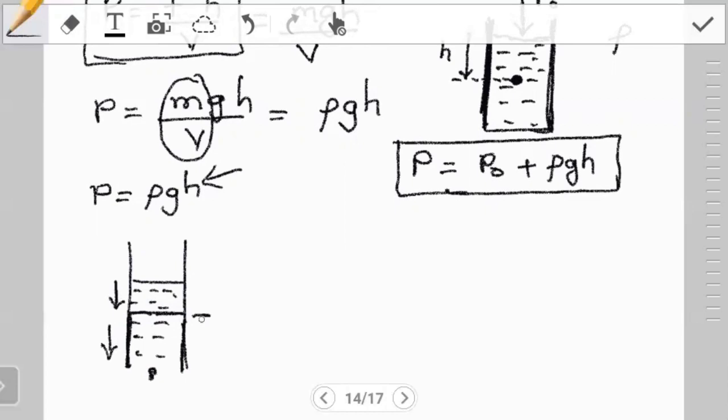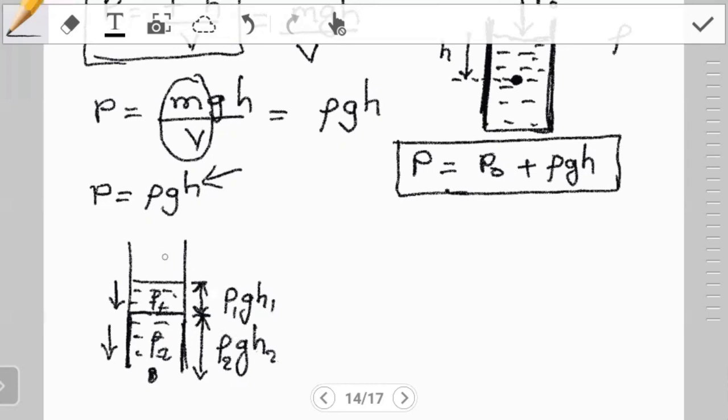So if you know the height of this part, you can easily use the density of this. Let me say rho 2 is the density of this one. rho 2 g h 2 will give you the pressure due to this fluid only. And then if you get back to this part, let's say this is rho 1, rho 1 g h 1, and let's say this is h 2. This will give you the pressure due to that fluid.